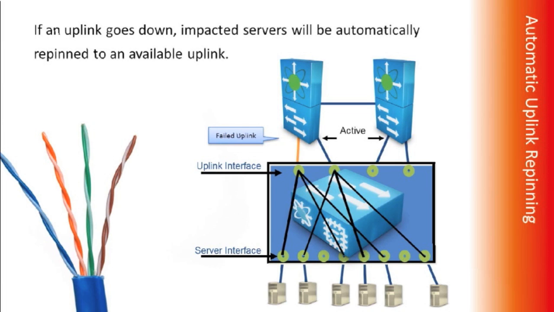What the Fabric Interconnect does here, let me draw this for you. So here this failed uplink occurs, and we have these 3 remaining uplinks.